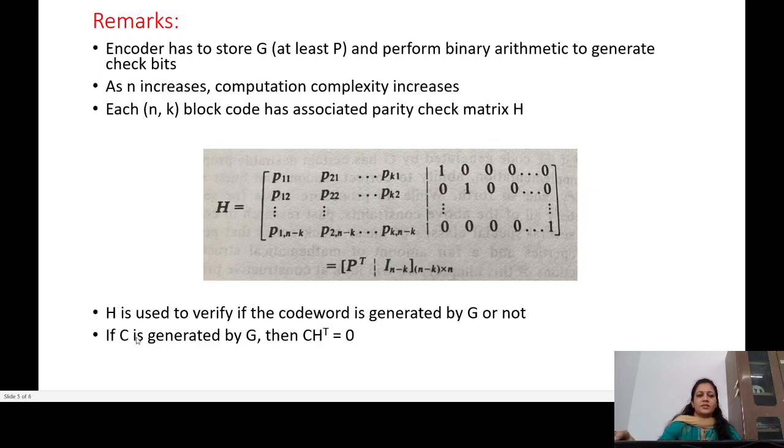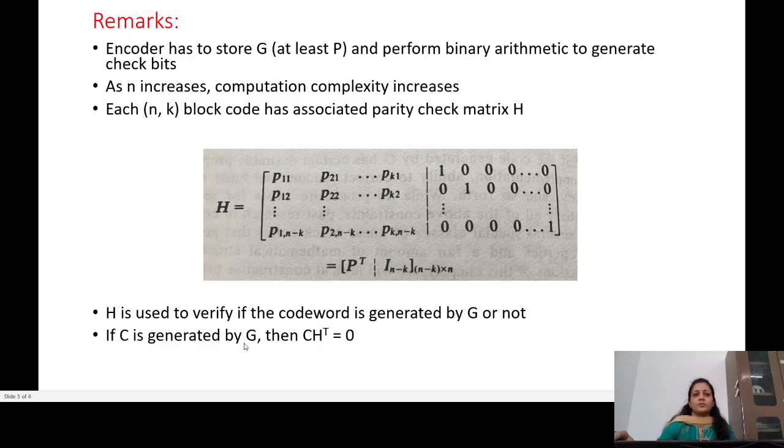Suppose C is a code word which is generated by G, then C into H transpose would give me 0. Okay. If C is a code word which is not generated by the proper generator matrix, then C into H transpose would be a non-zero value.